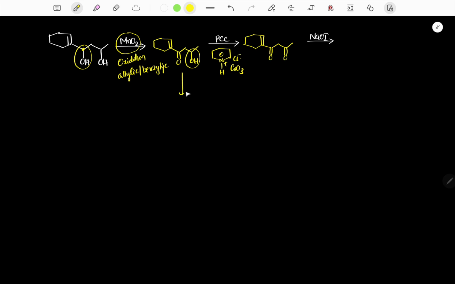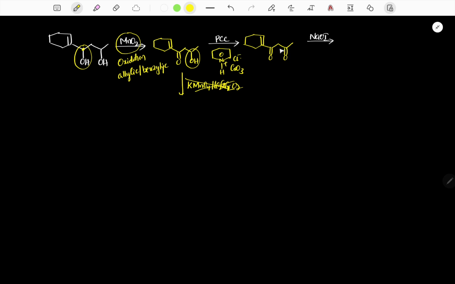For this oxidation we cannot use KMnO4 and K2Cr2O7, because these reagents not only oxidize alcohol, they also oxidize alkene. That's why we cannot use KMnO4 and K2Cr2O7.